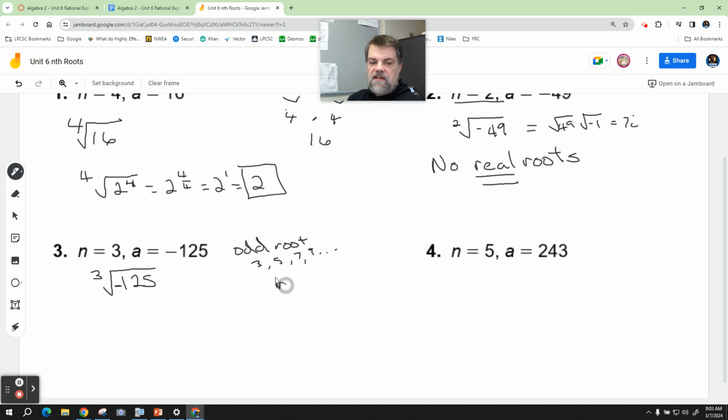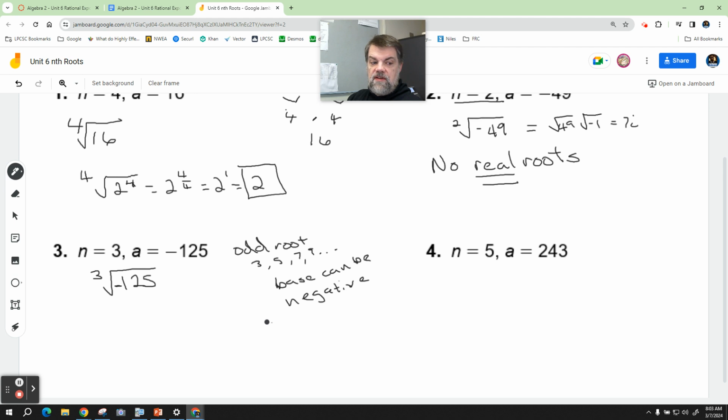The base can be negative. And actually, the root will probably be negative too. So if your base is negative, then the root is probably negative.